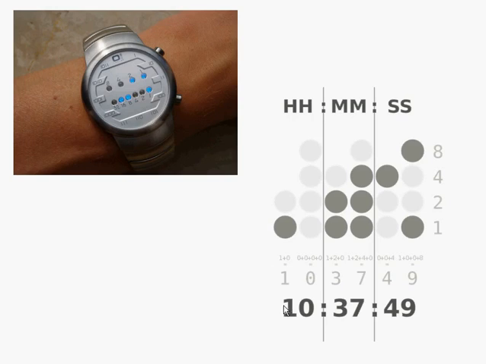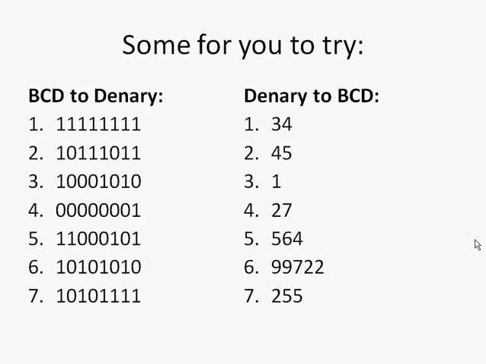If we have a look, the 1 is represented by a dark spot there on the nibble, and the 0 is represented by 4 light spots on the 0, so they aren't coloured in. The 3 is represented by a 1 and a 2. So if we look over here on the right, because it's doing it in blocks of 4, it's actually binary coded decimal. Here are some for you to try for yourself, converting both ways.